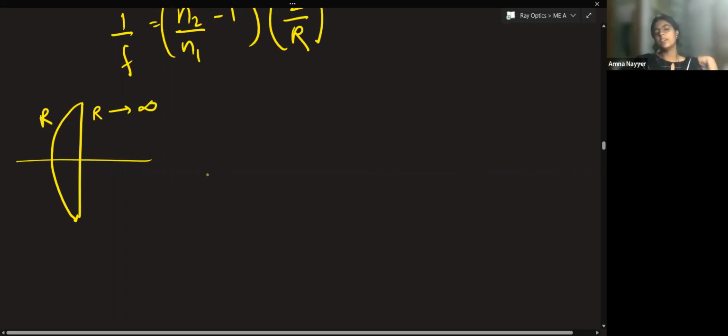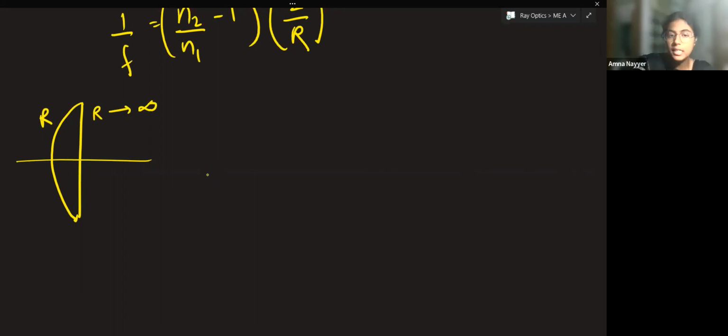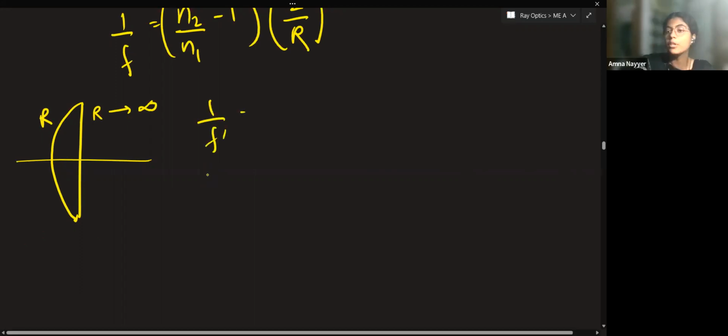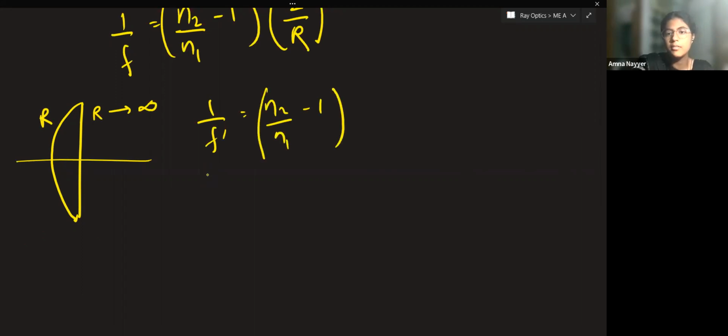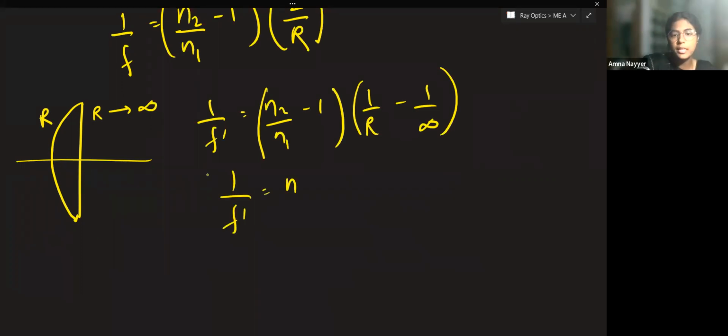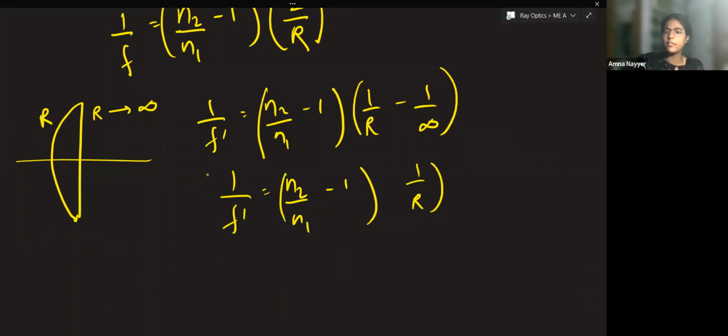Now when you write and put it into the lens maker formula, (n2 by n1 minus 1) times (1 by r minus 1 by infinity). Here you will be left with only 1 by r, because 1 by infinity is 0.